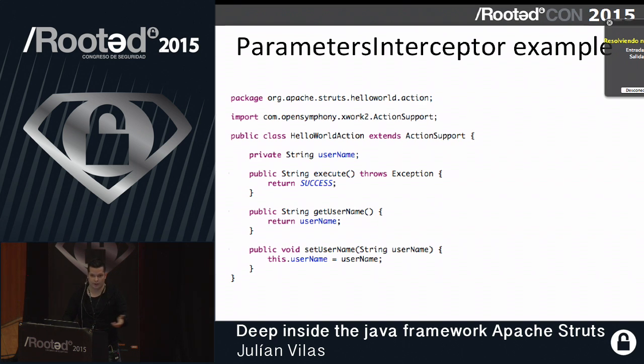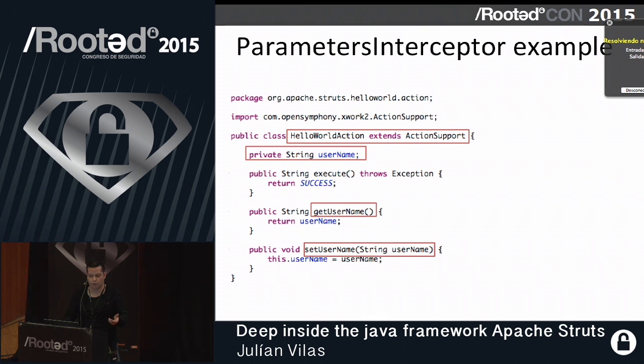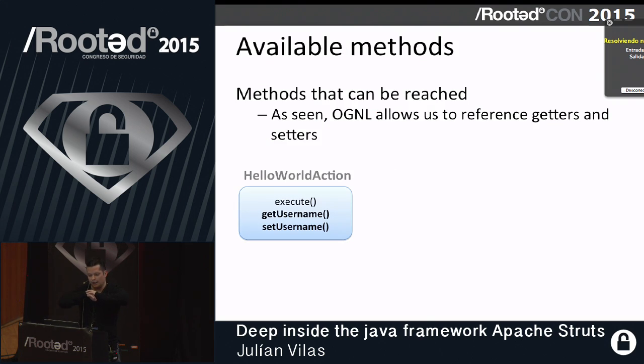Here you can see an example of this HelloWorldAction, which extends a class of Struts, and we are creating an attribute username with its getters and setters correctly. We have seen that OGNL allows us to differentiate getters and setters.